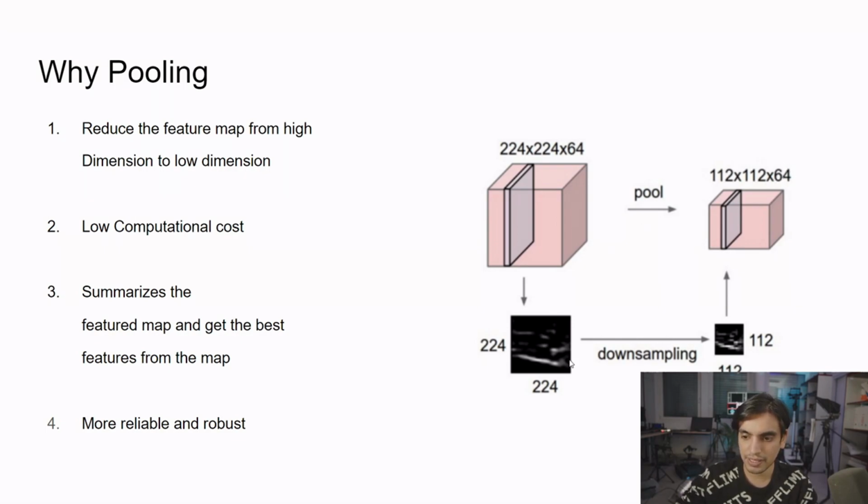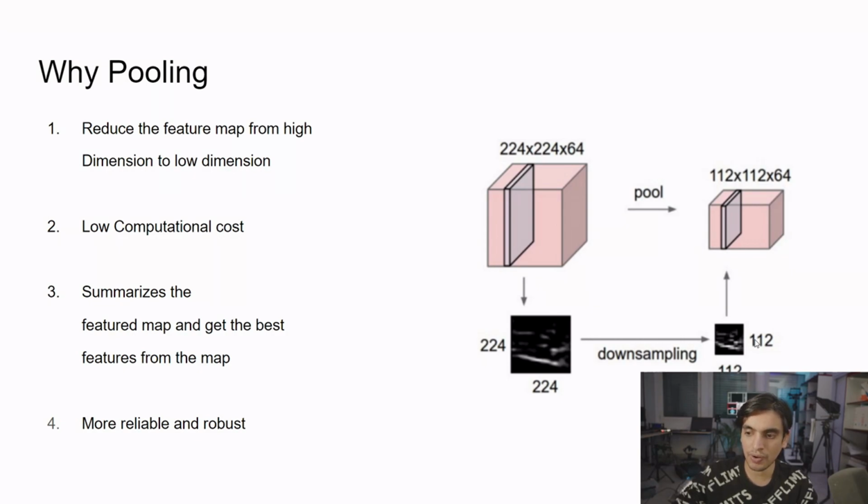For example, in case of an image, pooling is just like downsampling, so we will get a reduced image. This image is formed by taking the best features from the original image, and the new image will drop all the unnecessary features that we don't need in the training part of the convolution neural networks.